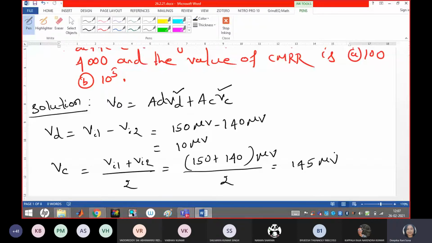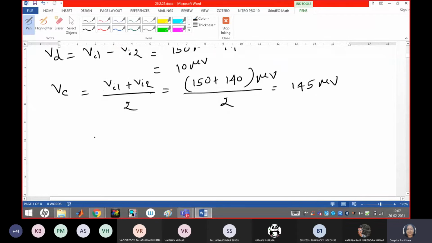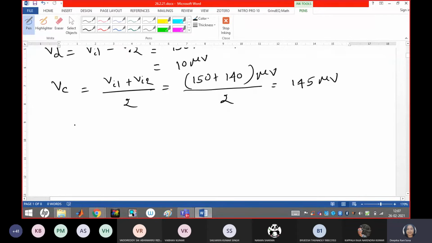Now we have to find out AD and AC, right? Can we identify AD from the given data of the question? So let's see. For that we have to proceed with case 1 or case A data. For CMRR it has given how much? 100, right?